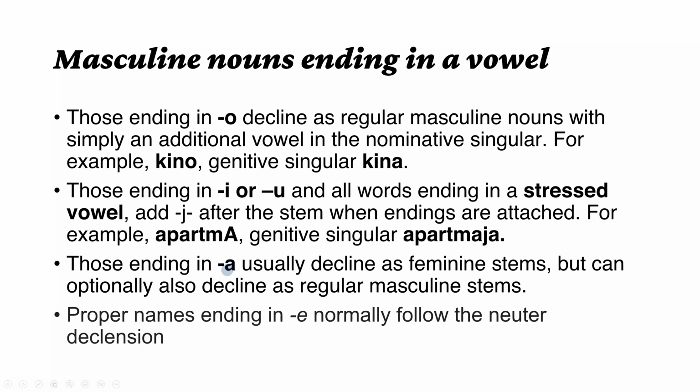Some masculine nouns can end in a, and some masculine nouns can also end in e. Okay? In those cases, we usually just use a for feminine stems and e for neuter stems.